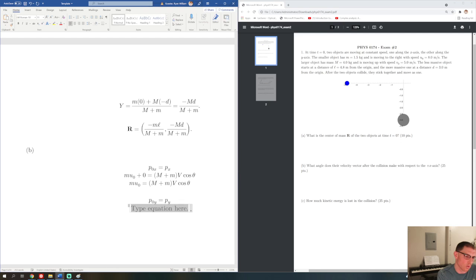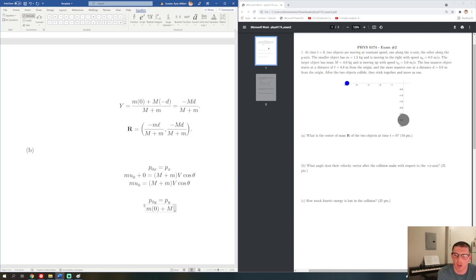Now, for the y direction, it's going to be similar but different, right? Because now the smaller mass has no y momentum because it's just moving in the x direction, and the larger mass will have all of its momentum in the y direction, just given by big M v naught.